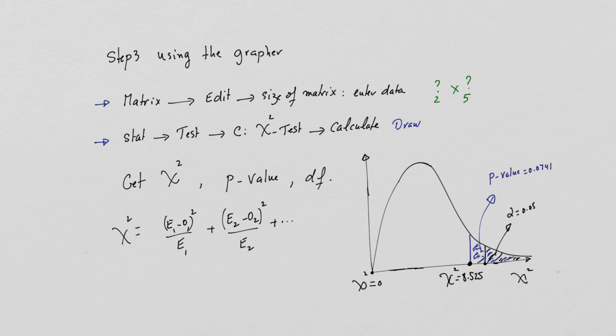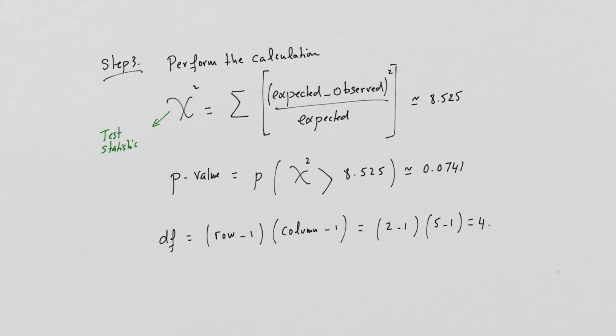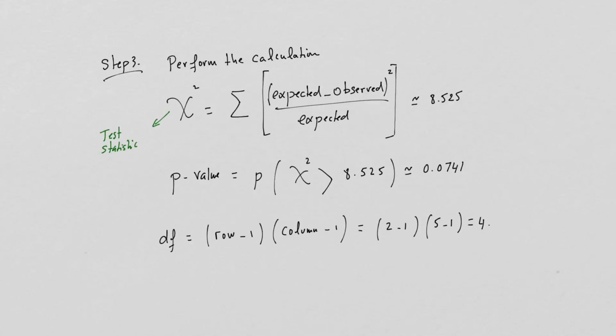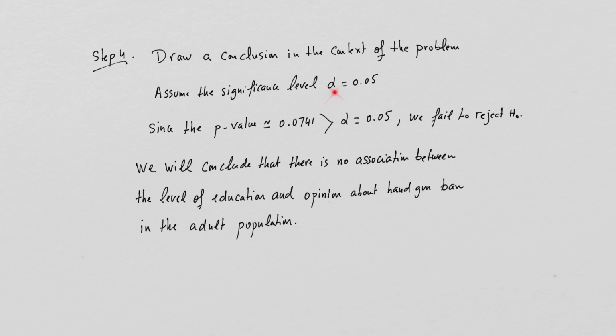You'll get the p-value, which is the corresponding area to the right of the location 8.525. Happens to be 0.0741. You get the degrees of freedom, which wasn't hard to do anyway. So far that's what you get. And that's all we need from this calculation to draw the conclusion, true or false.